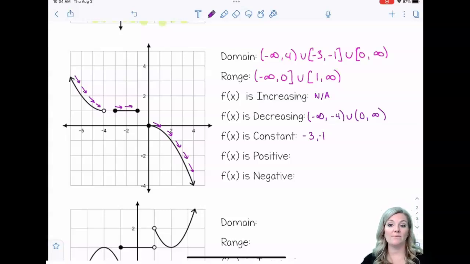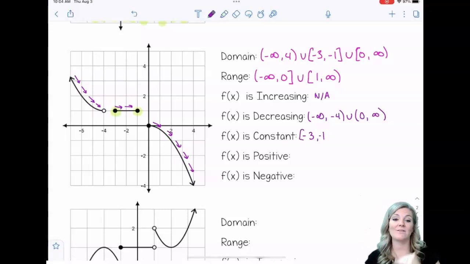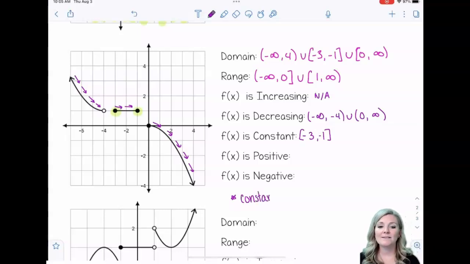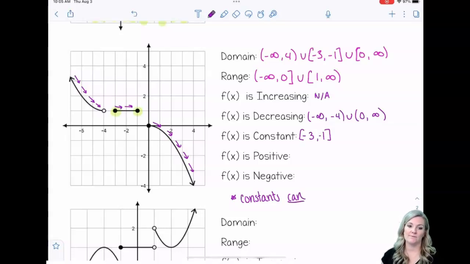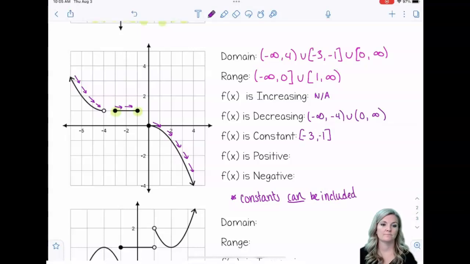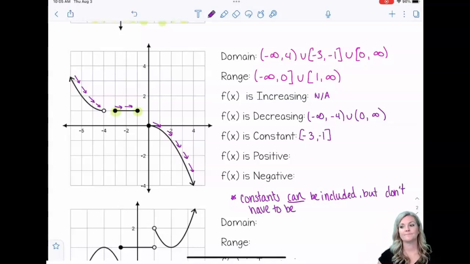Yeah, so -3 is included, and so is -1, because they both have closed dots, and it's a straight line. That's not changing at those end points. So -3 and -1 are included in your interval there. So I've just put a little note down here: constants can be, not always, constants can be included in your intervals.